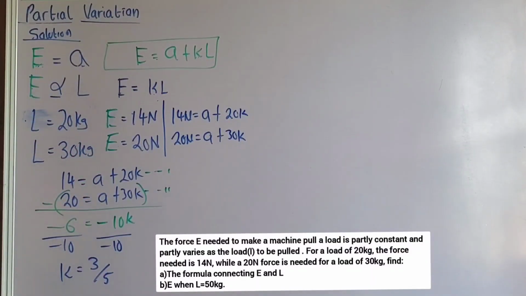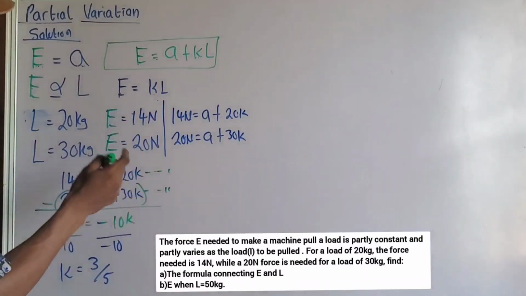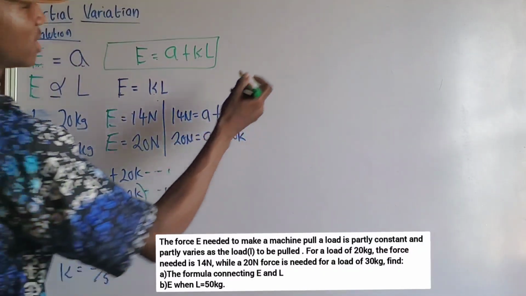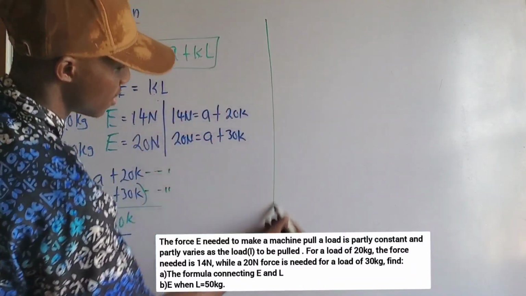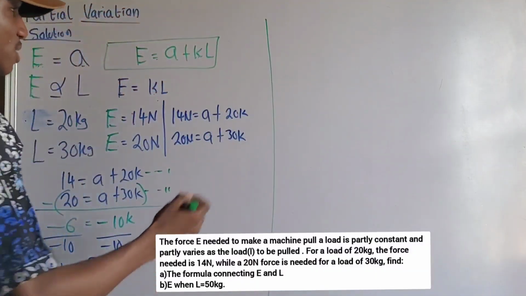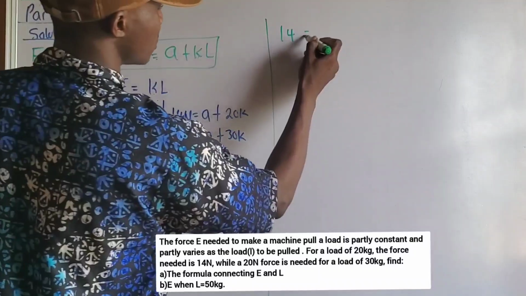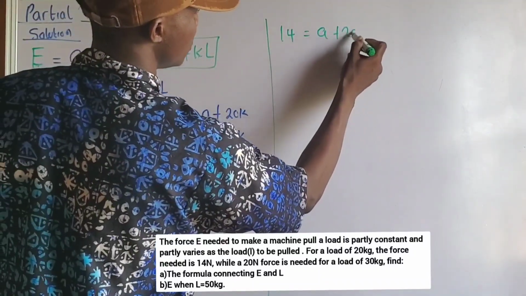Now, having gotten the value of K, we can proceed to get the value of A by substituting the value of K into any of these equations. So let us make use of equation 1. Equation 1 is 14 equals A plus 20K.